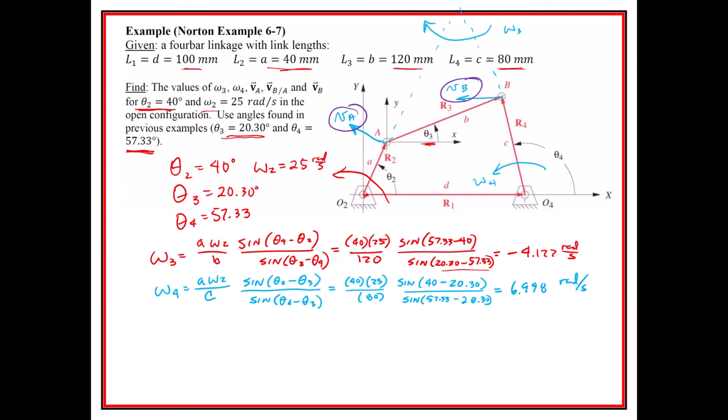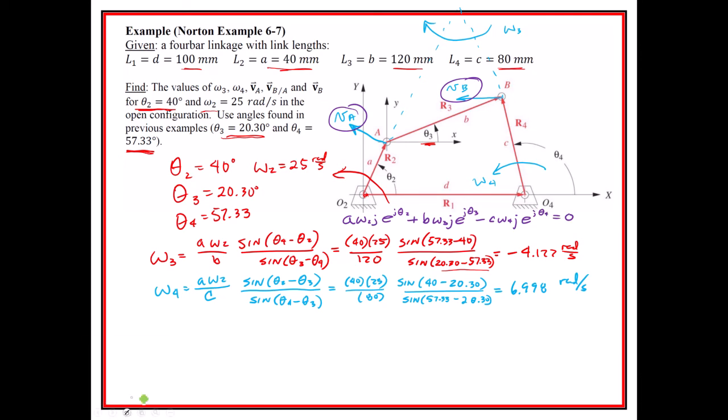That's what we got from using the complex notation. Remember that we got A omega 2 J e to the J theta 2 plus B omega 3 J e to the J theta 3 minus C omega 4 J e to the J theta 4 was equal to 0.